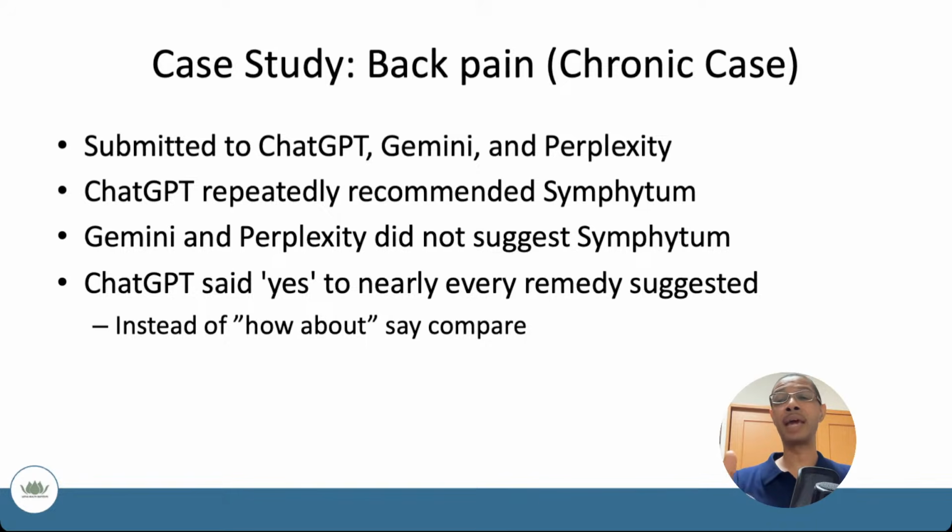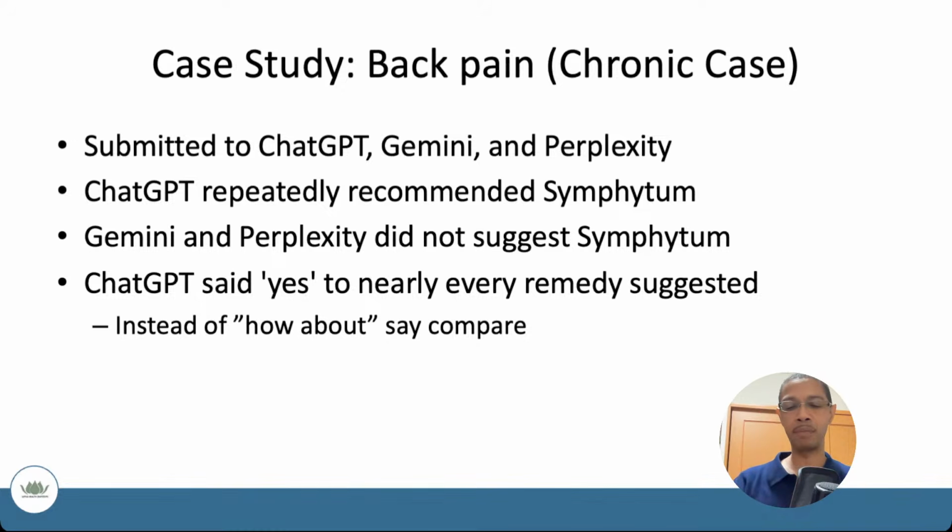This time it had all of the information at once, it gave me a completely different set of remedies, and Symphytum was nowhere near in there, because now it was looking at the totality of the information at one time instead of what was given initially.